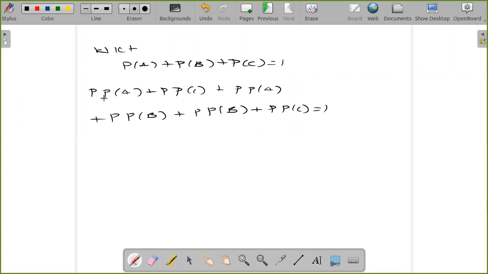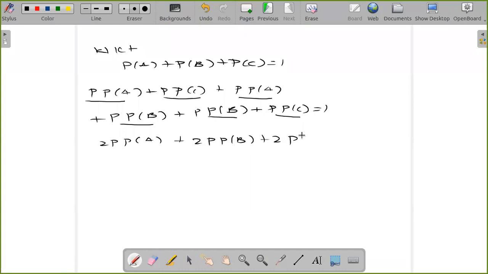Now P into P of A, P into P of A, 2P into P of A, plus P into P of C, P into P of C, P into P of B, P into P of B. So 2P P of B plus 2P P of C is equal to 1.